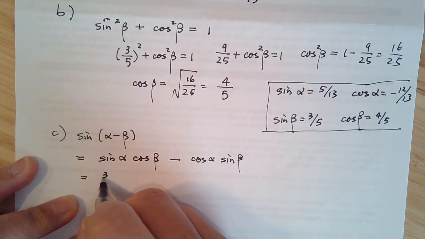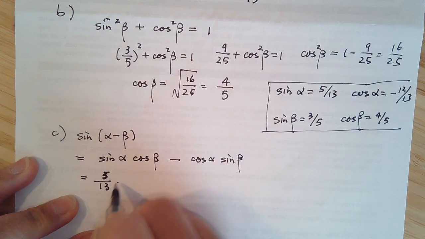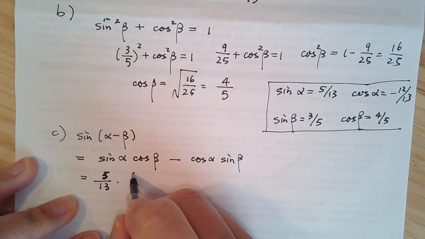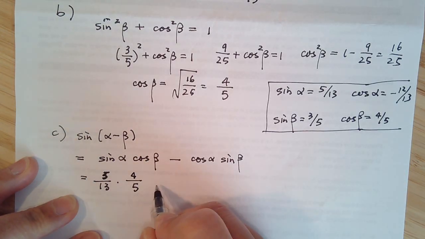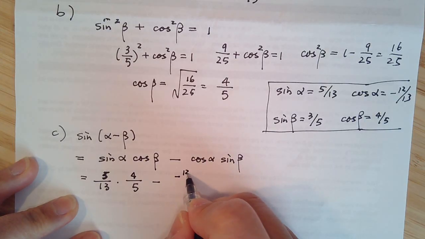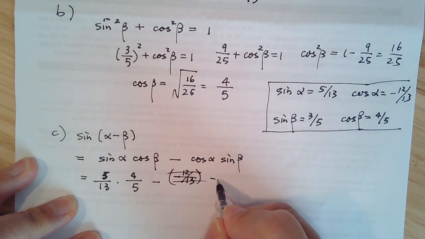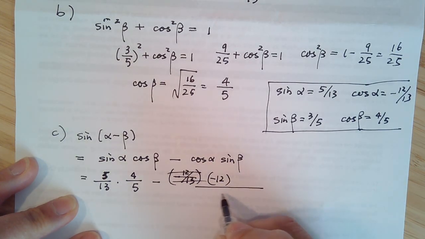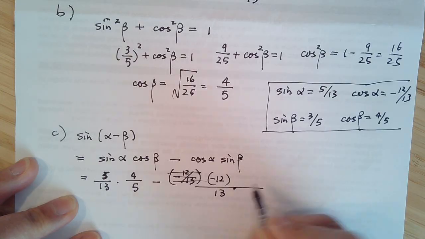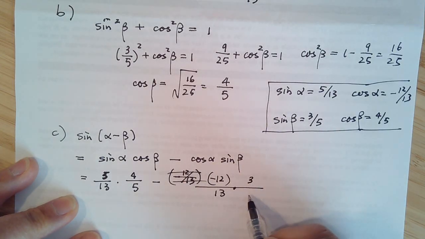It's going to be 5 over 13, and cosine beta is 4 over 5. Subtract. Cosine alpha is negative 12 over 13. And then multiply by sine beta, which is 3 over 5.